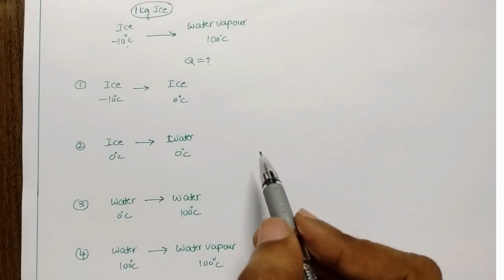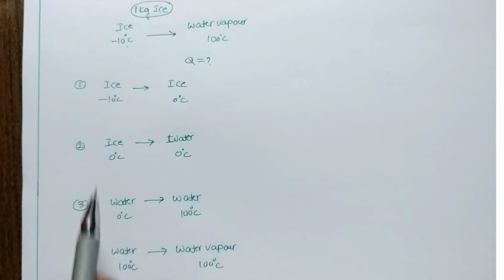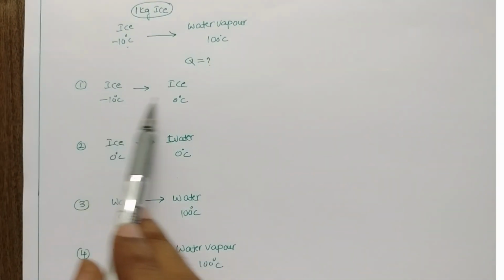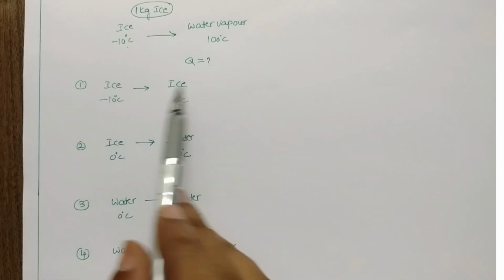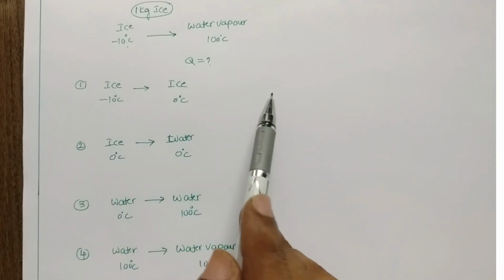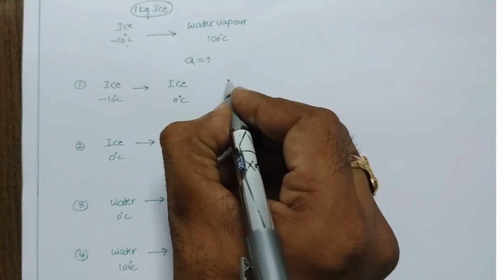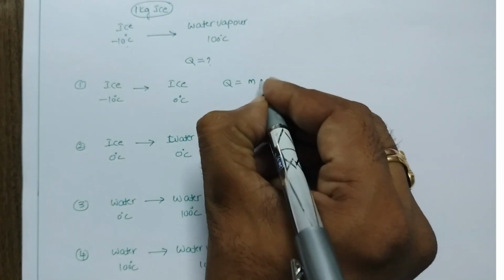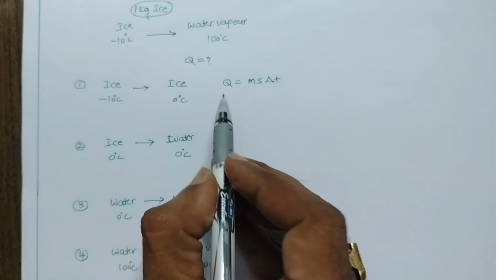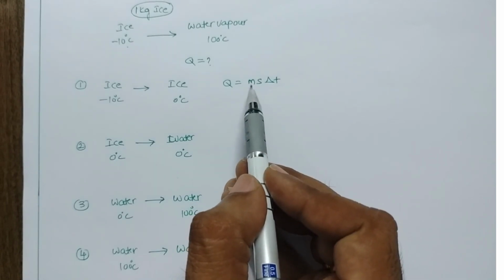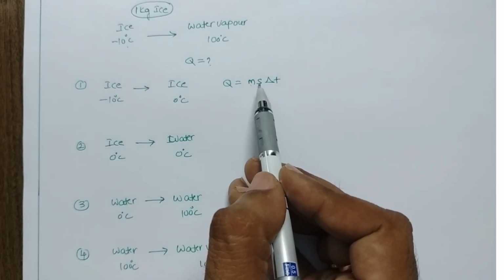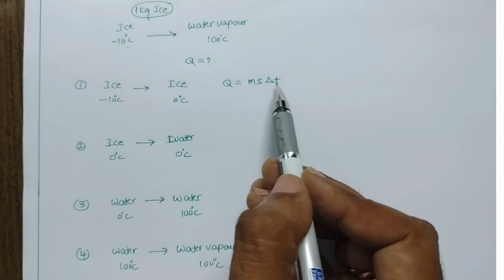Let's find out the amount of heat quantity needed in each case. In the first case there is change in temperature, so we have to use the formula Q is equal to ms delta T, where Q is the amount of heat quantity, m is the mass of the substance, s is the specific heat, and delta T is the change in temperature.